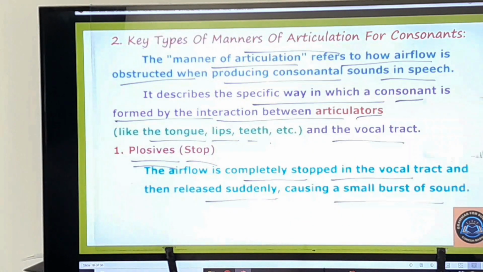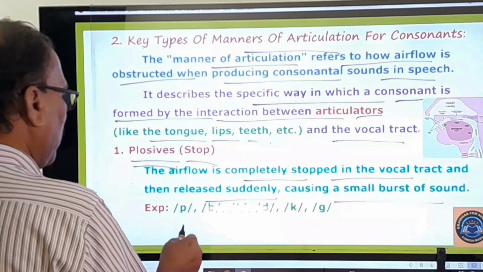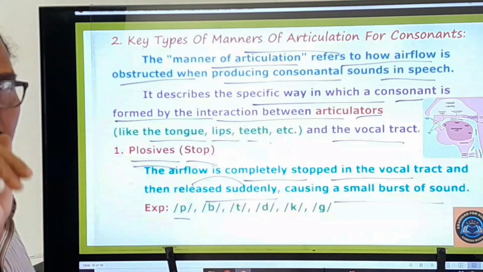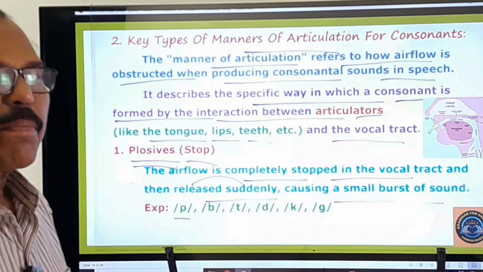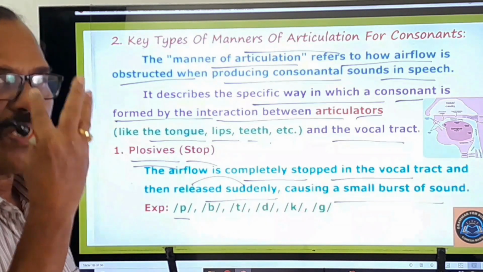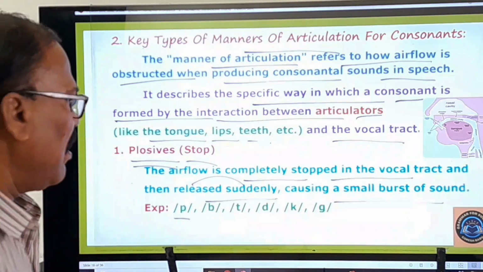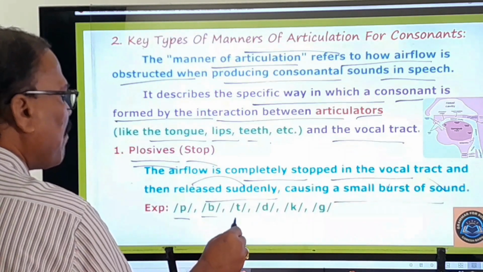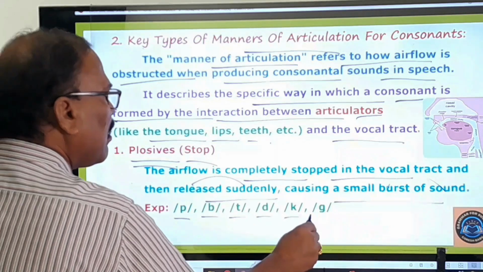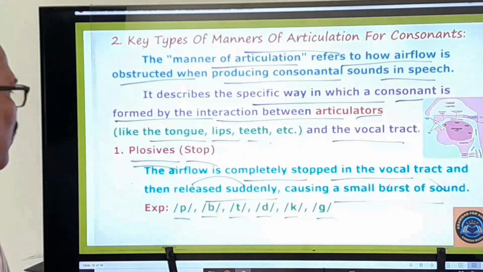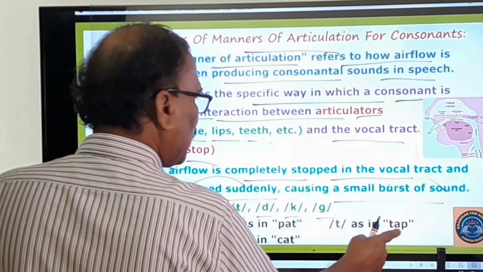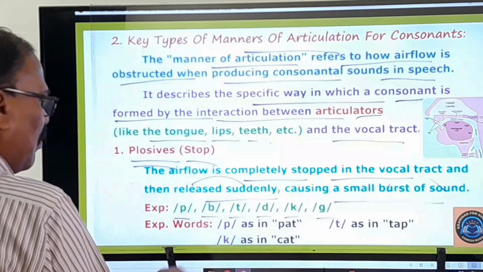So they are called plosives. P: the airflow is stopped, then suddenly released. That's P, B, T, D, K, G. Therefore, these are called plosives. Words with P, pat; T, tap; K, cat. Examples are also given.